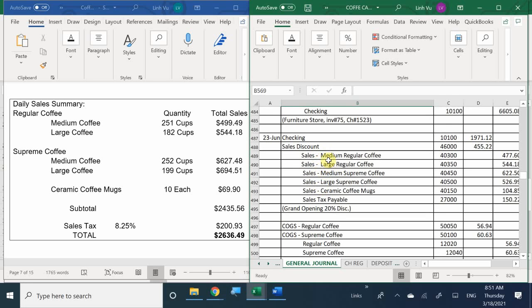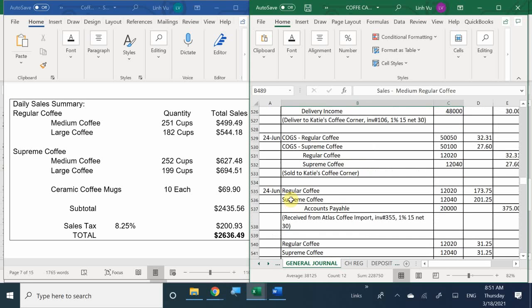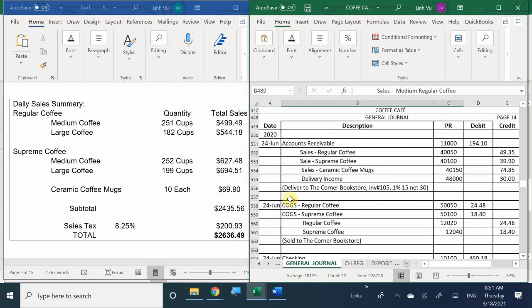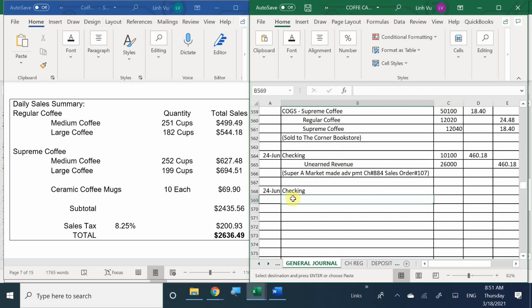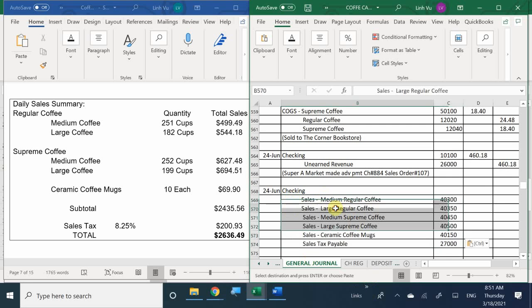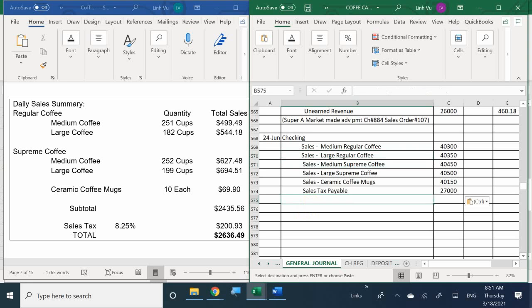Yes, so we have sales medium regular coffee, medium supreme coffee, large supreme coffee, and our coffee mugs. And we can't forget about sales tax. Make a note here that this is in-store sales.